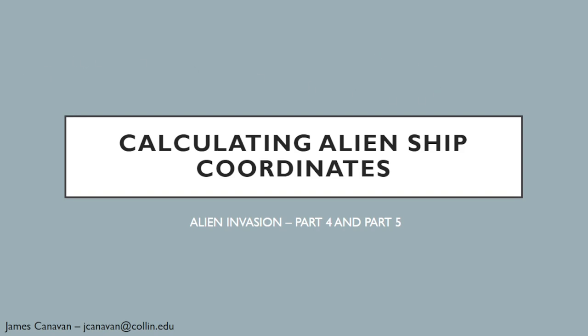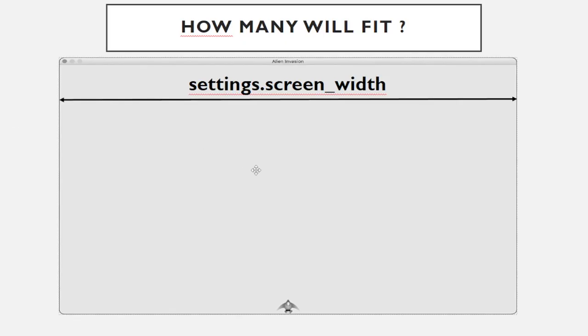Okay? So, first off, let's go with what we know. We set the screen width to be settings.screenWidth when we created our game instance. And then let's figure, okay, we got an alien, it has a particular width. Let's have a margin of that width on the left and right hand side.